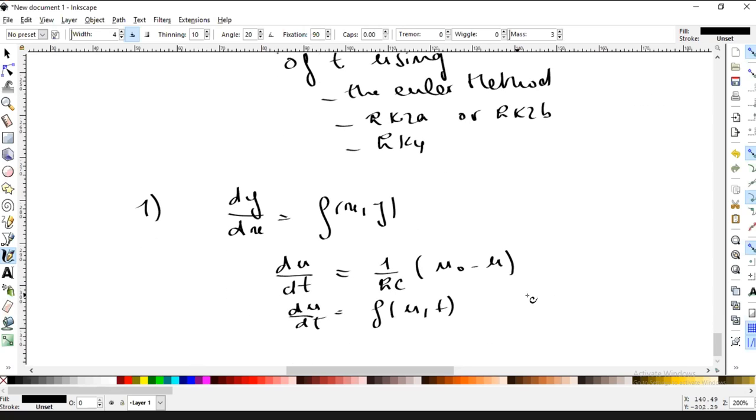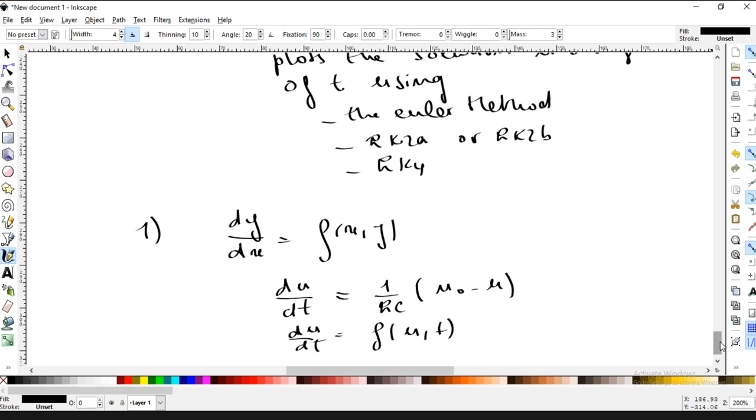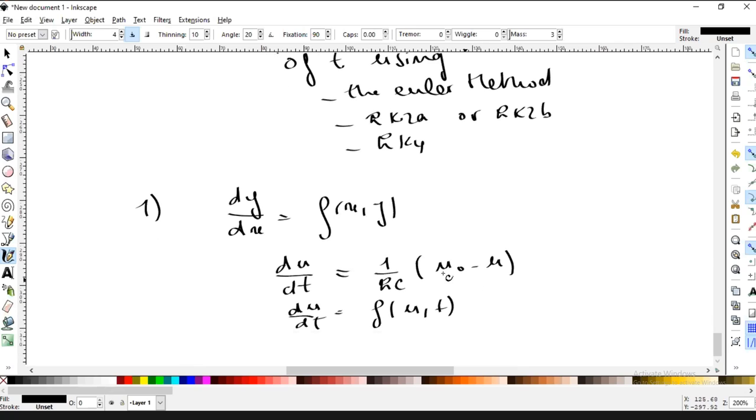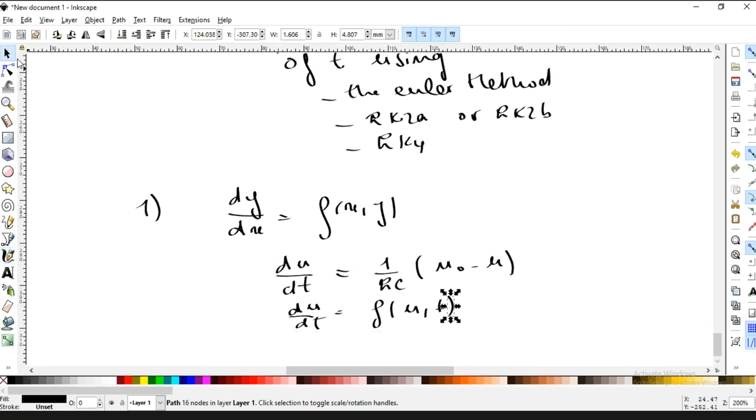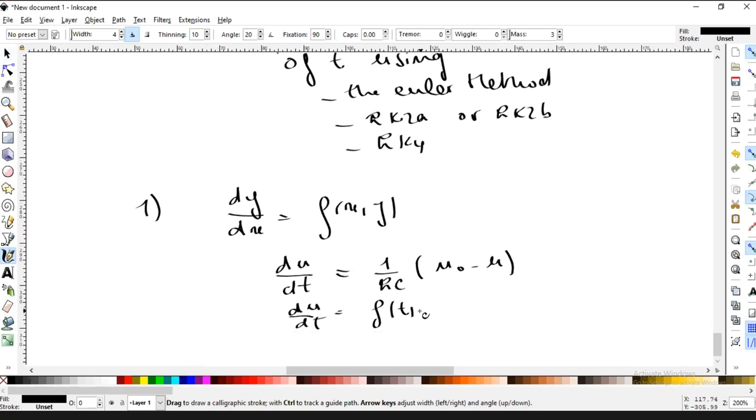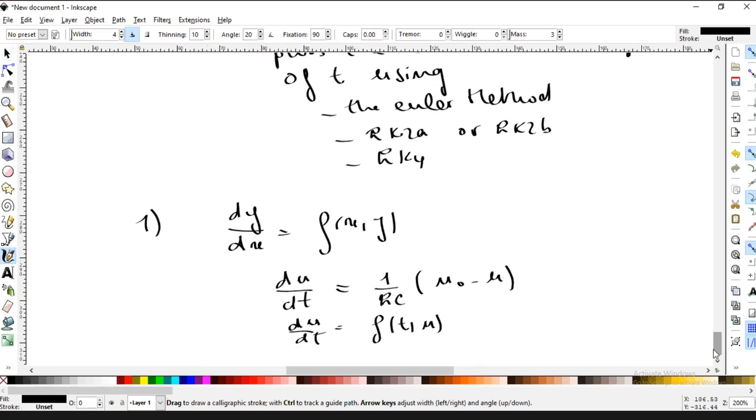If you want to express any problem in this form, you just have to express the derivative as a function of u and t. The variable y that we have is u, and the variable x is t, so it's better to write f of t, u. But as I said, f doesn't depend on t.